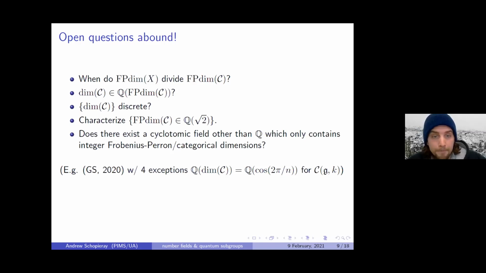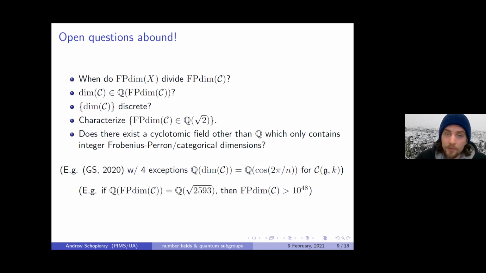So for instance, you can't find an example of a category whose global dimension generates Q adjoin the square root of 7, for example. We just don't have any examples in the literature. So possibly this is one of these empty fields. We just don't know. Another reason why this might be reasonable is if you can prove, as I did, that if you look at certain quadratic extensions, for example, Q adjoin the square root of 2,593, which is a prime number, not a random prime number, but it is prime, then the Frobenius-Perron dimension of the smallest possible category that could exist in that field has a size which is over 10 to the 48th power.